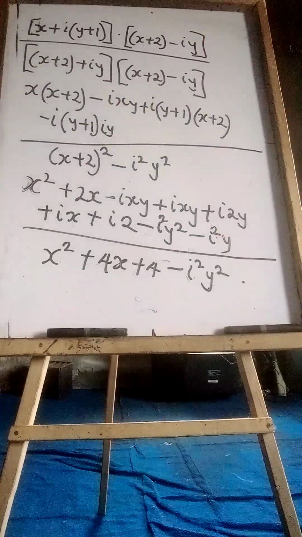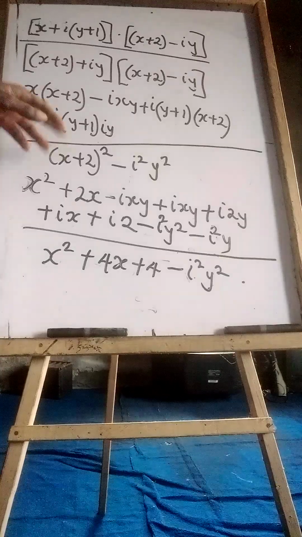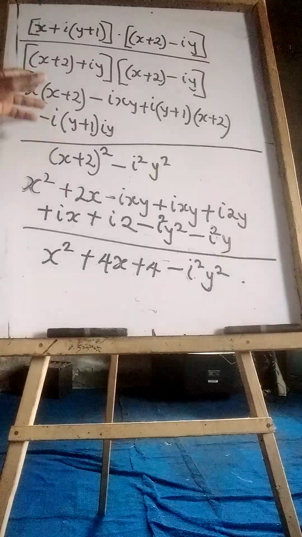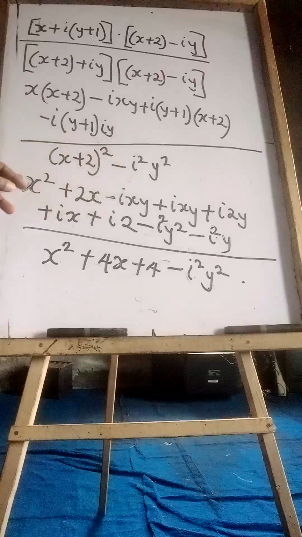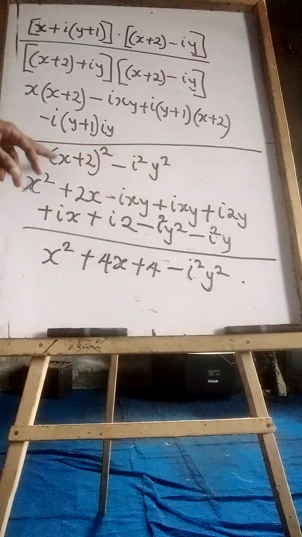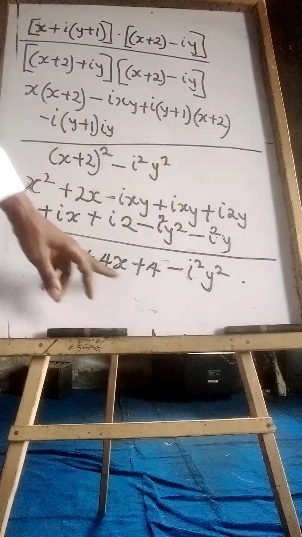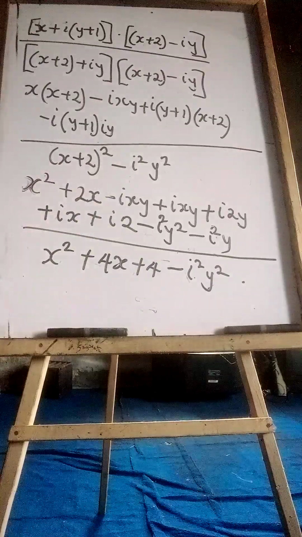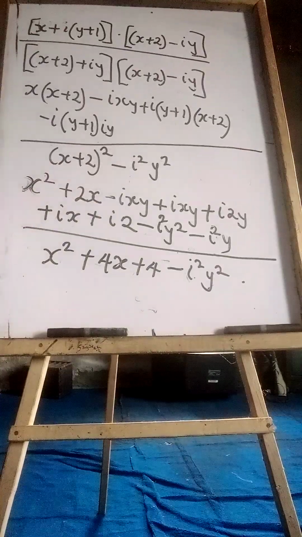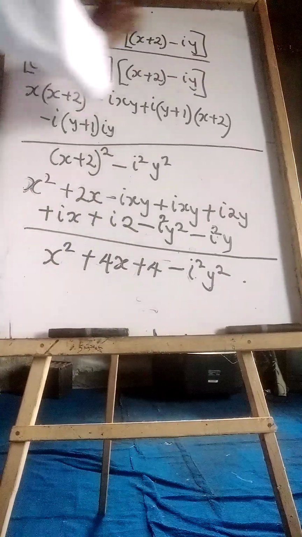All right. Now, having done the expansion of the numerator, which is this, and the expansion of the denominator, which is this, what next? We simplify further. How do we simplify further?